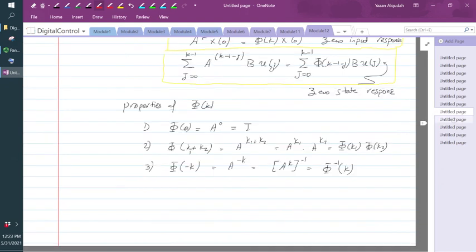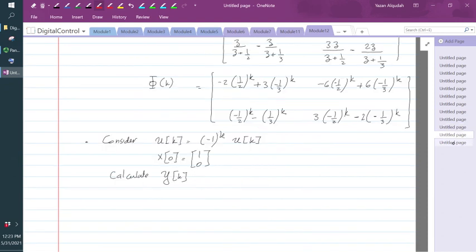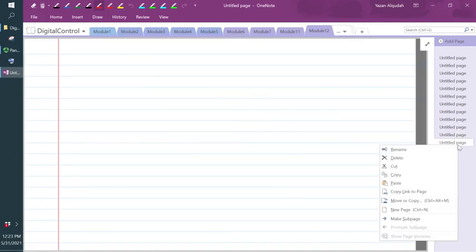Okay, so therefore, if I want to calculate the output, let me copy this.